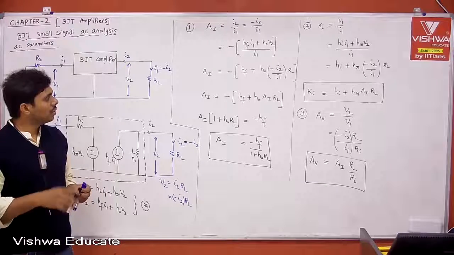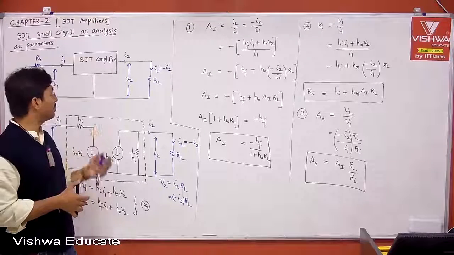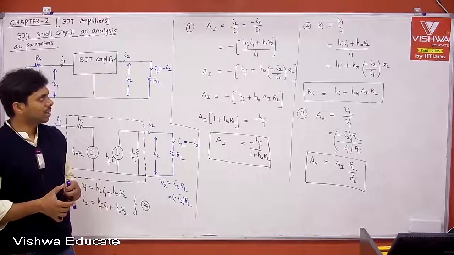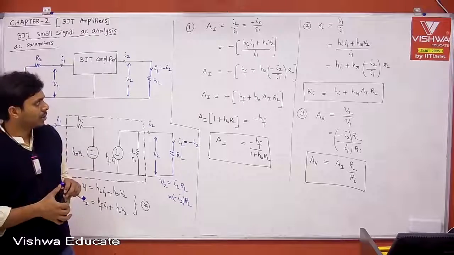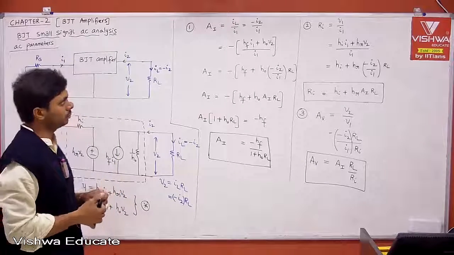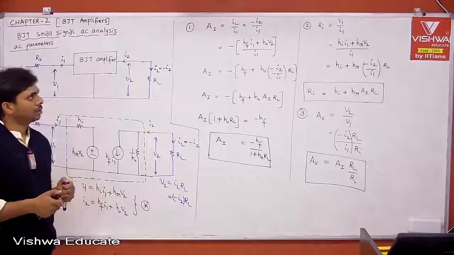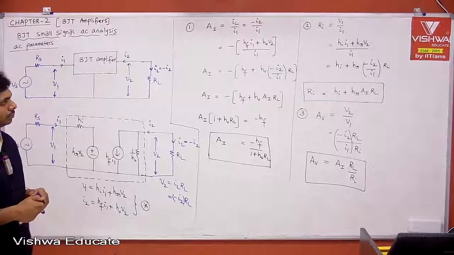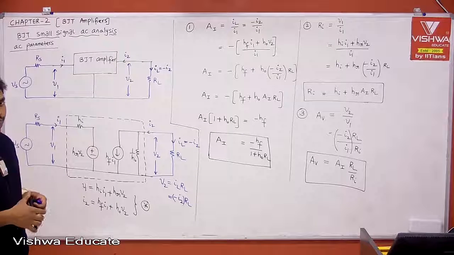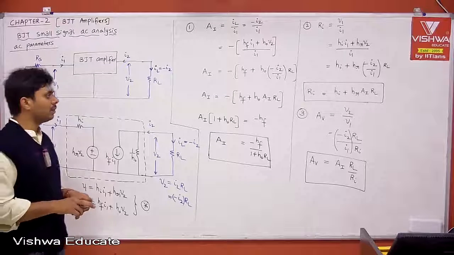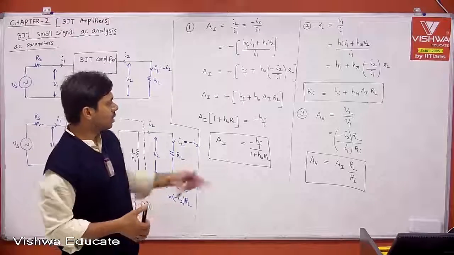Now, the last one related to your amplifier AC parameters is the output impedance. Okay. But anyway, if I start the fourth one, it is not straightforward.